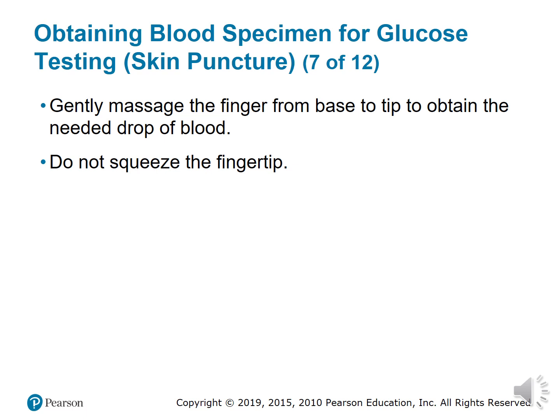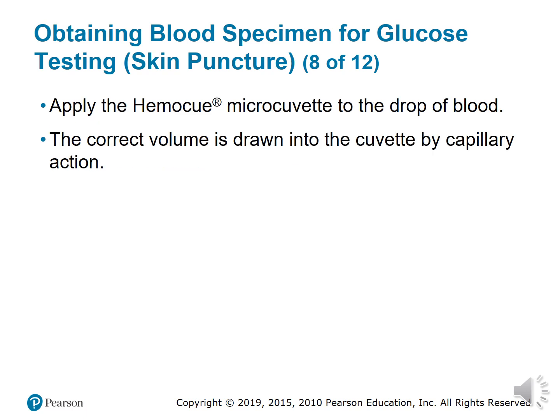Gently massage the finger from base to tip to obtain the drops of blood needed to fill the test strip or the microcuvette, as with the Hemocue. Never ever squeeze the fingertip. Why? Because that's when you get a diluted sample with tissue and interstitial fluids, and then you're not going to get an accurate test.